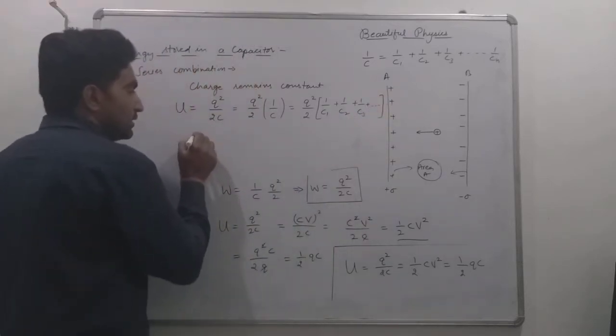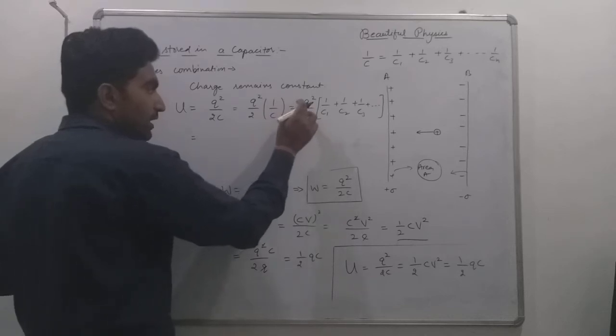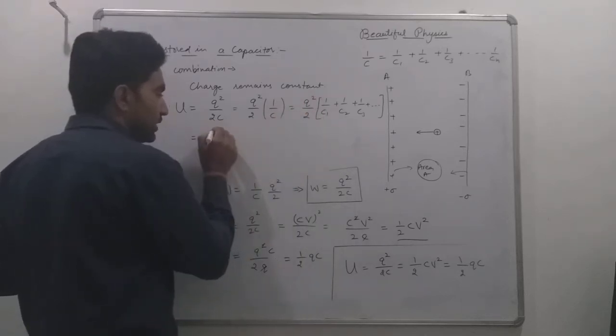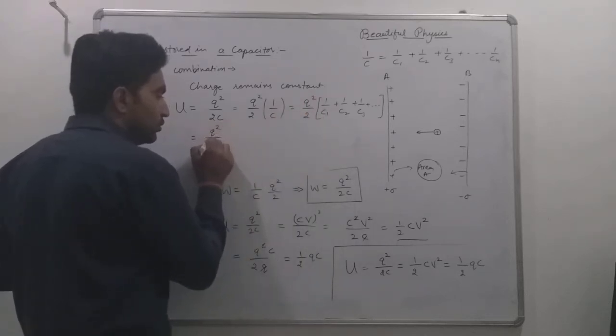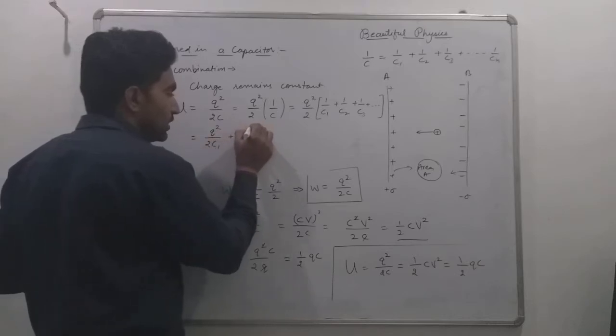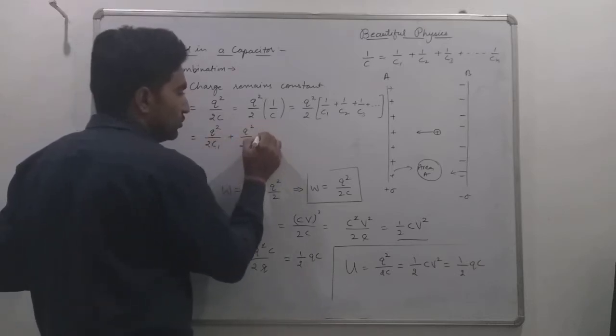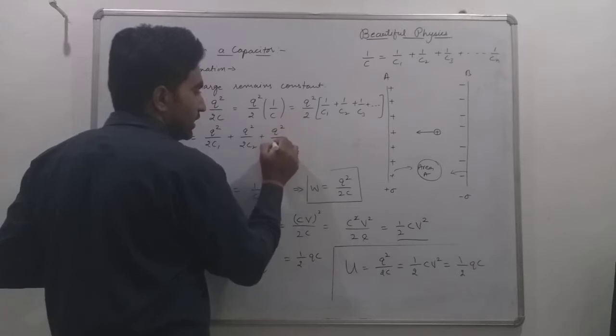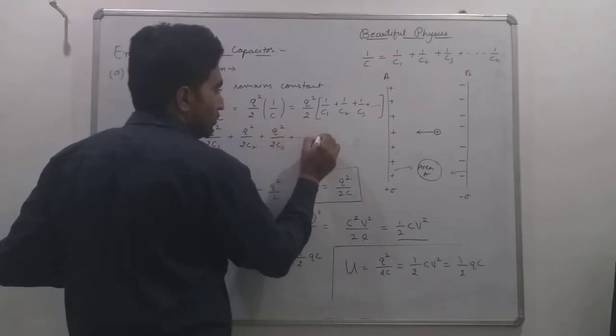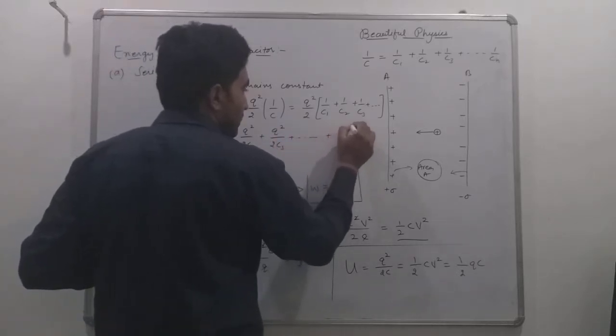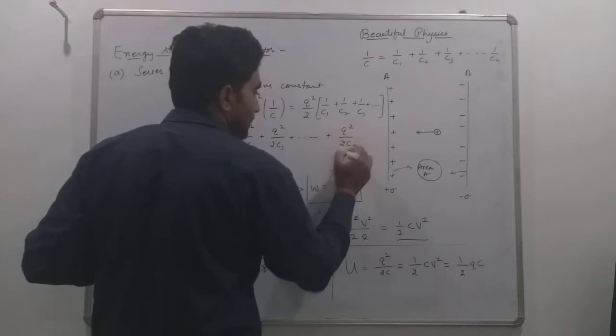Then when we multiply by Q square by 2, we have Q square by 2 C1 plus Q square divided by 2 C2 plus Q square divided by 2 C3 up to Q square divided by 2 Cn.